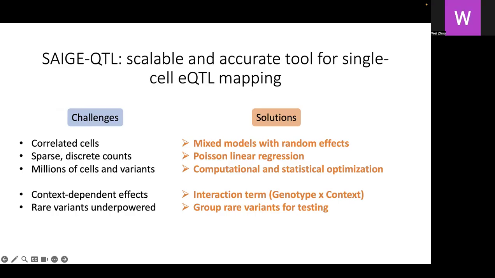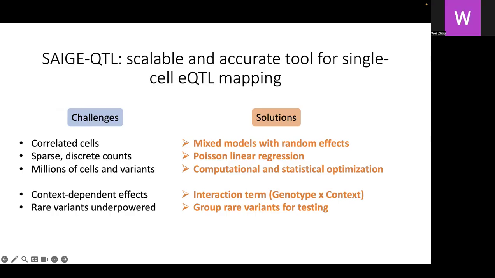Millions of cells and variants are made tractable through computational optimizations inherited from the SAGE software developed for biobank scale GWAS. In addition, two features are added that can largely benefit single cell eQTL mapping. Context-dependent effects can be tested via a genotype by context interaction term.